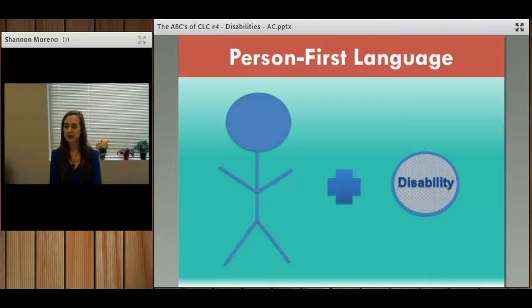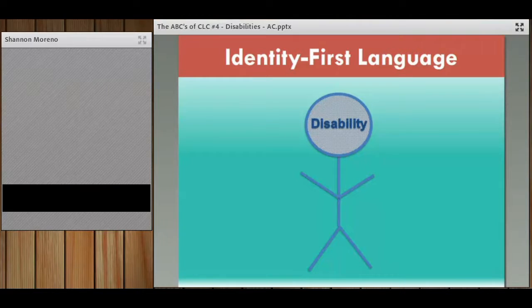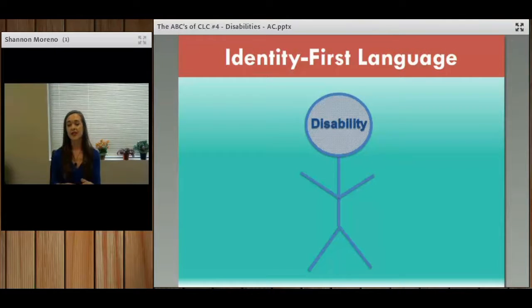Now, this is opposed to identity-first language. Identity-first language, just like it sounds, does kind of the opposite of what person-first language does. And the reason for this and why some folks living with disabilities may prefer this language is because this is for individuals who consider their disability to very much be a part of their identity.